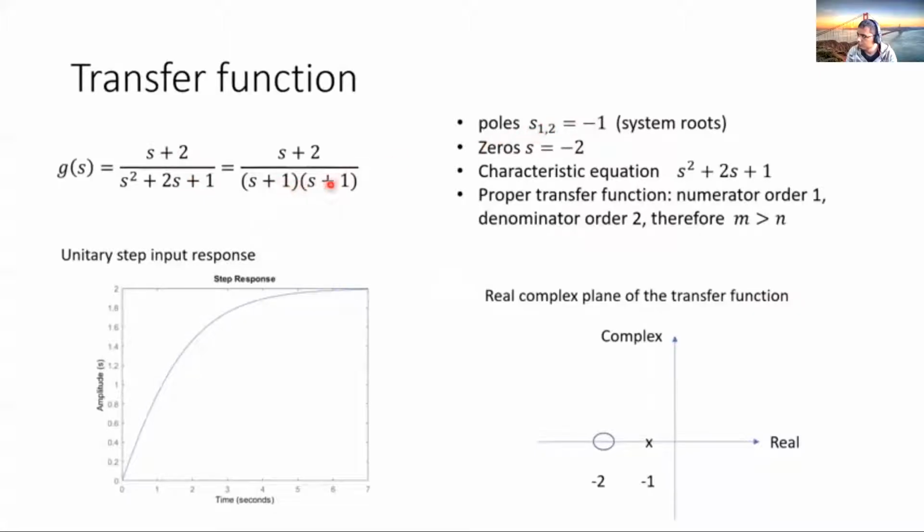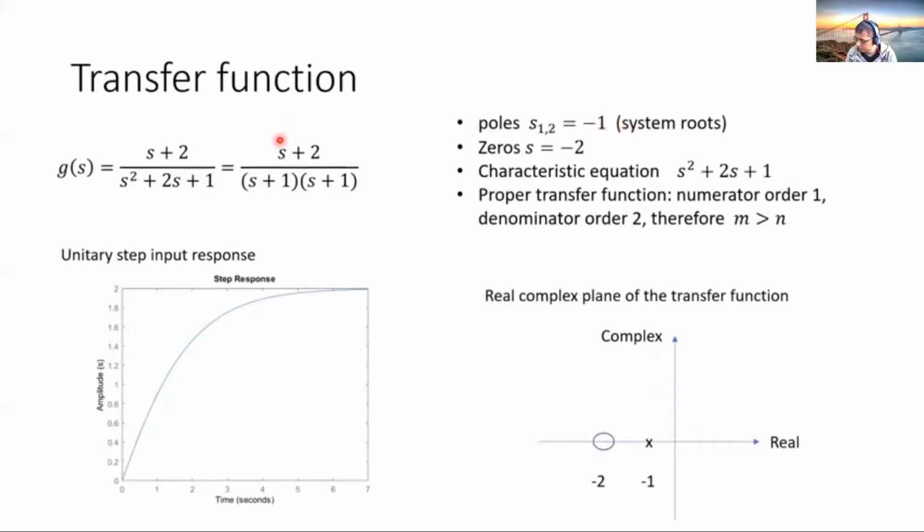Our poles, in this case, if we calculate the roots of this polynomial, we can factorize it, as we can see here, as (s plus 1) squared. Basically the two roots of the second order polynomial in the denominator are two real repeated roots at -1.